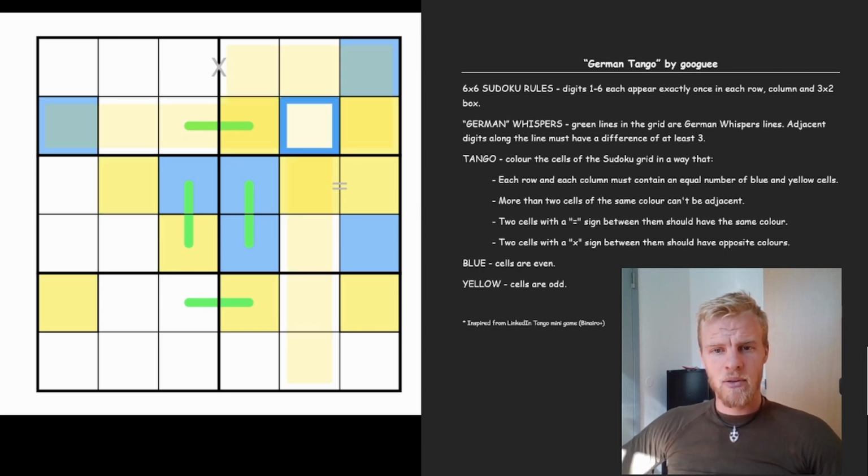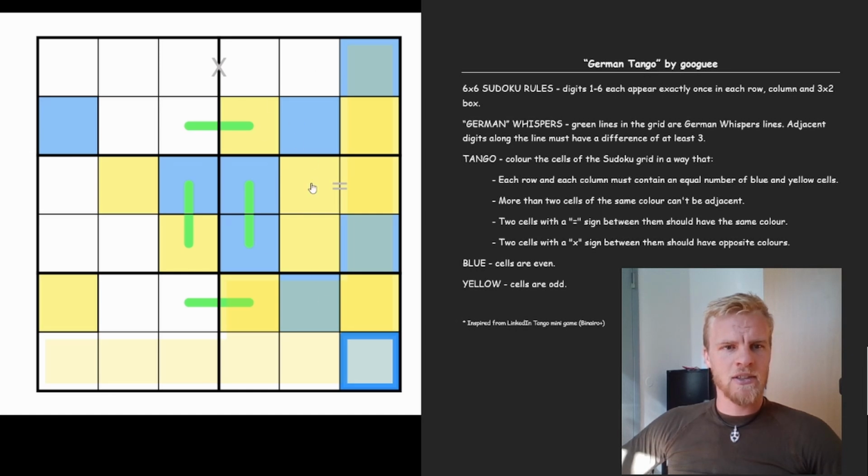This needs to be blue, otherwise we would have 3 yellows. Same with this, yellow, otherwise 3 blues here. Blue again. Now we have 1, 2, 3 yellows, so we're missing a blue.